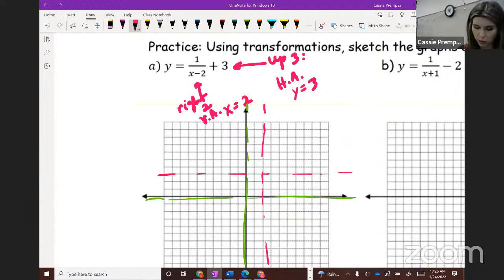And those 2 points, I know that I'm shifting them right 2 and up 3, so they're going to end up in this corner and this corner. Now I don't need that original parent shape. I can go ahead and sketch the graph so it will look like this in this corner and this in this corner.